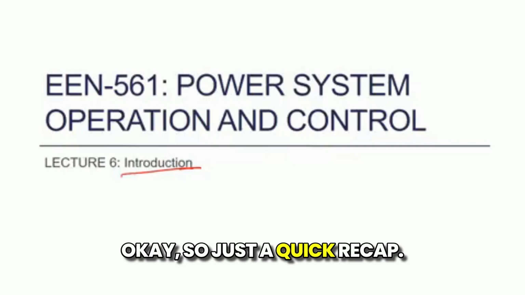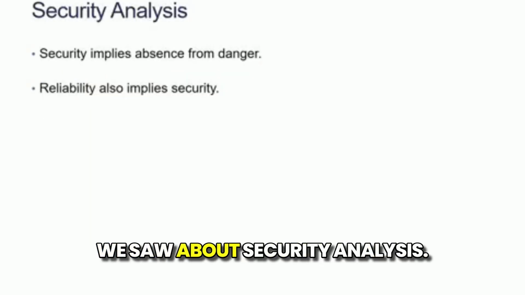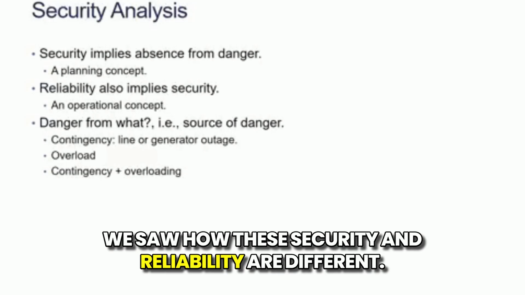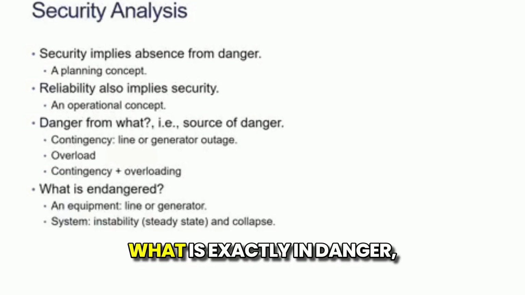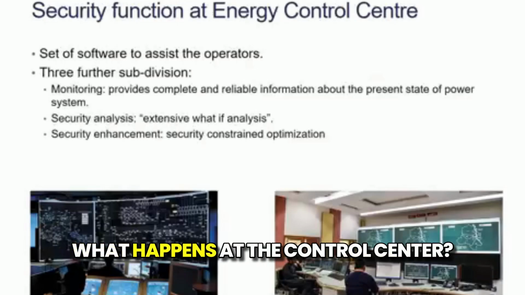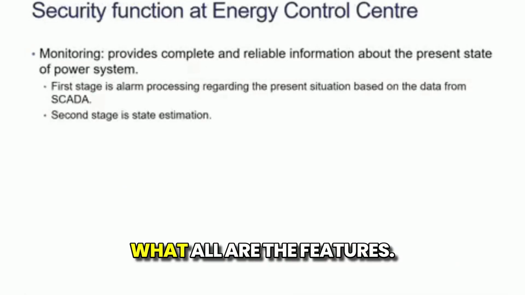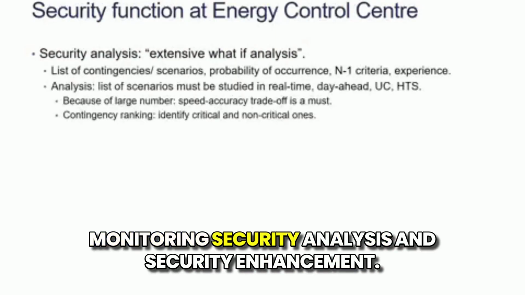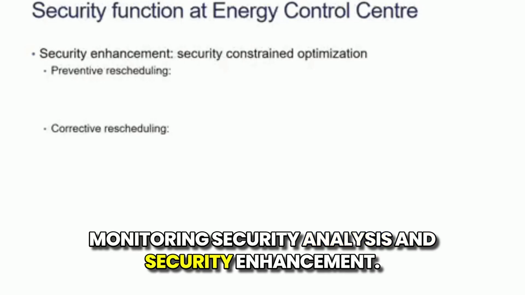Okay, so just a quick recap. We saw about security analysis. We saw how security and reliability are different, what is exactly in danger, and what happens at the control center. There are 3 features: monitoring, security analysis, and security enhancement.